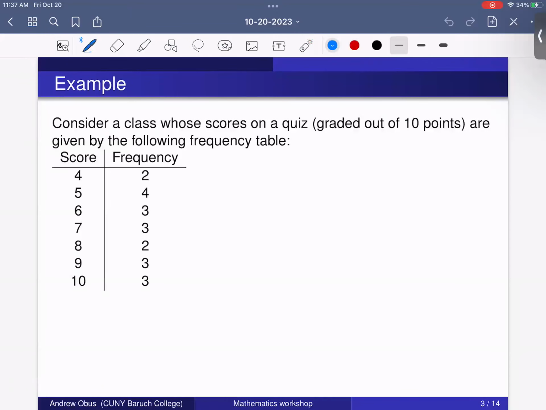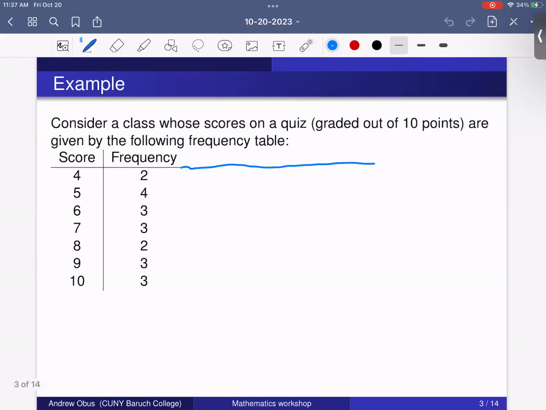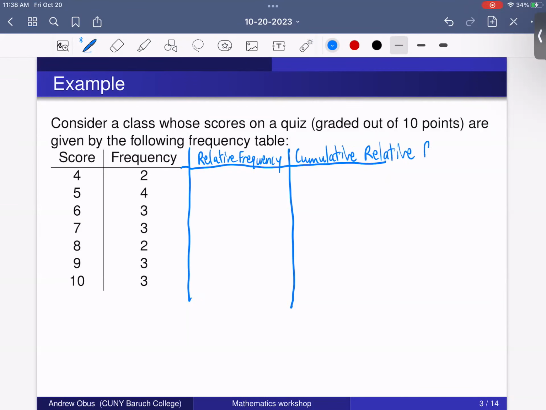I've reproduced it, and what the homework question asked you to do is to add on a column for relative frequency and for cumulative relative frequency.